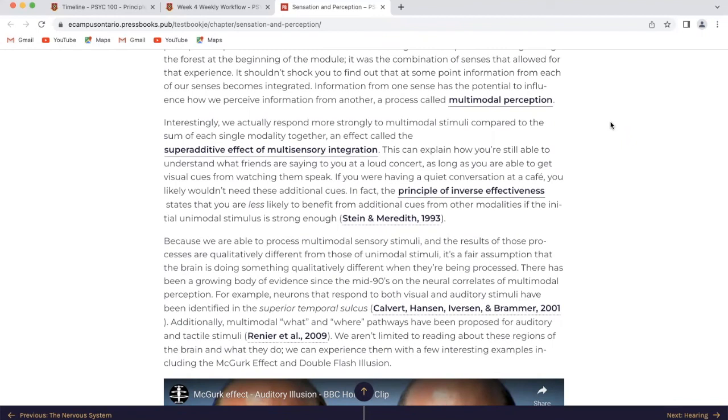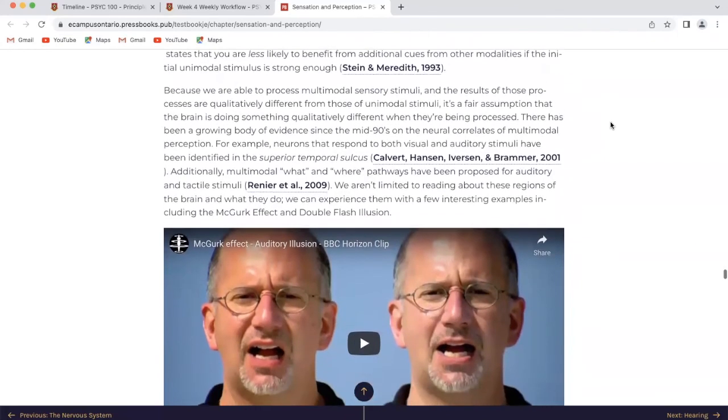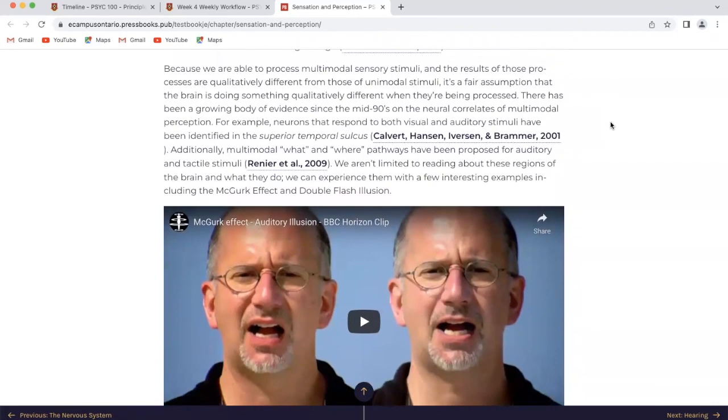For example, neurons that respond to both visual and auditory stimuli have been identified in the superior temporal sulcus. Additionally, multimodal what and where pathways have been proposed for auditory and tactile stimuli. We aren't limited to reading about these regions of the brain and what they do. We can experience them with a few interesting examples, including the McGurk effect and double flash illusion.